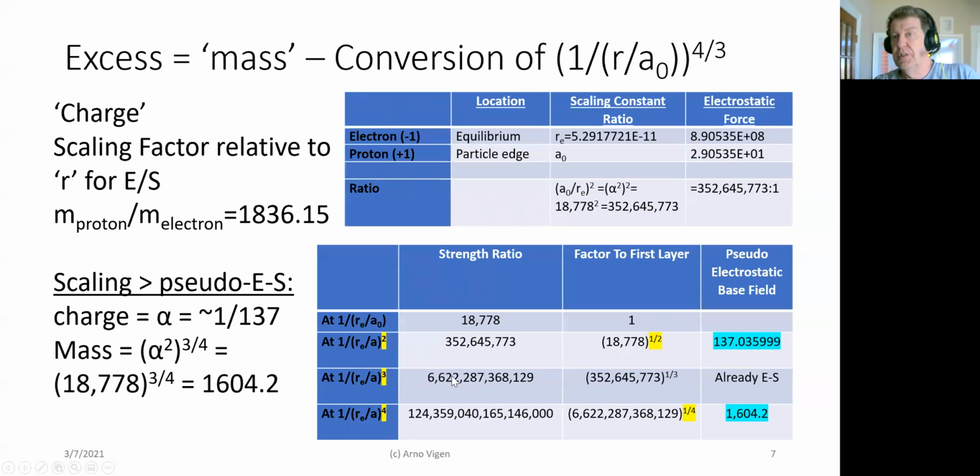And that's versus this number. And what's really funny is that that is 1643, 1604.2. Now, that's not a number that we know. Well, that's right, but it is 1878 to the 3/4 is this number. And that is what happens if you have a proton mass and you've moved it down to the Bohr radius. Okay, but that's not the ratio that we need.